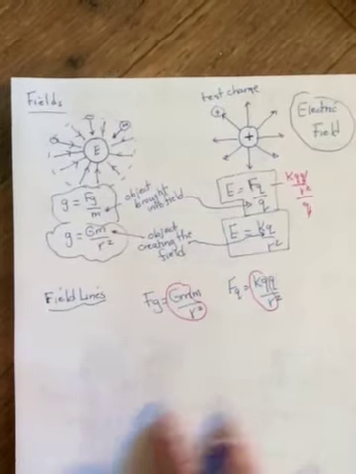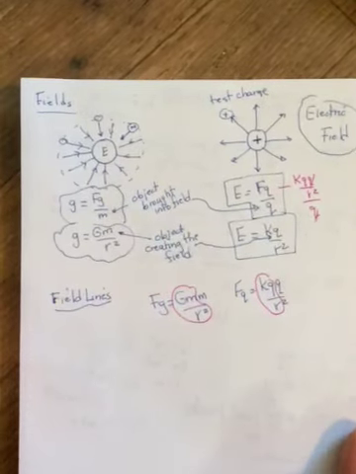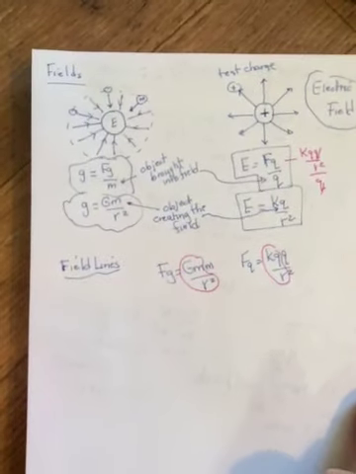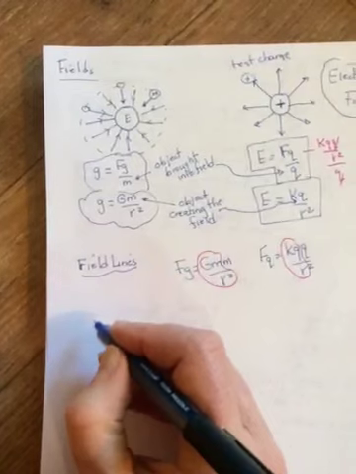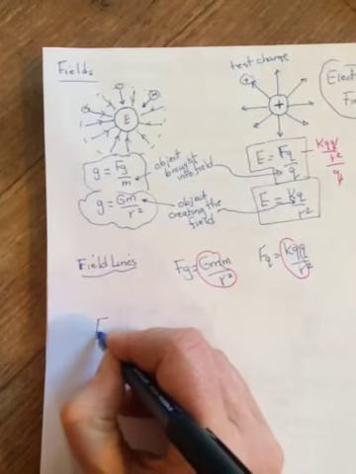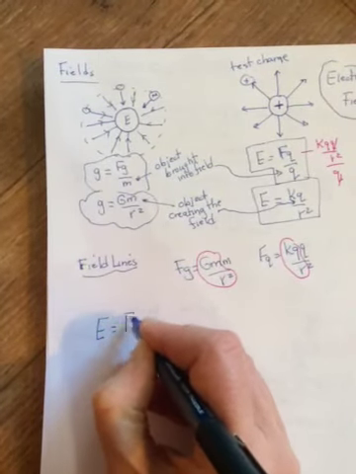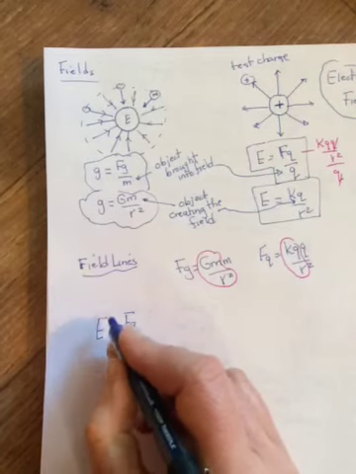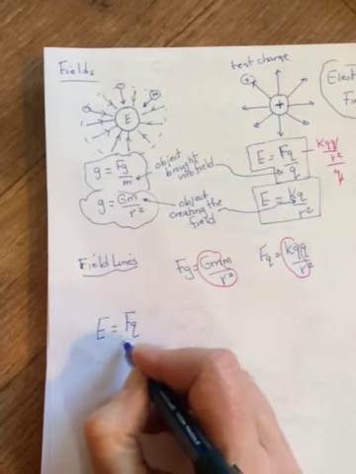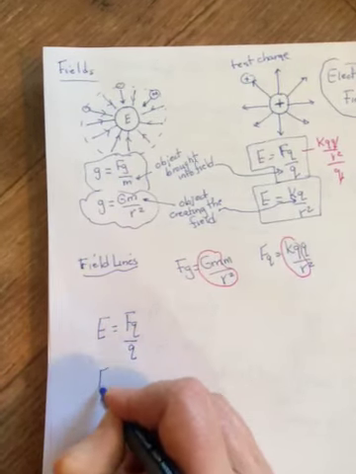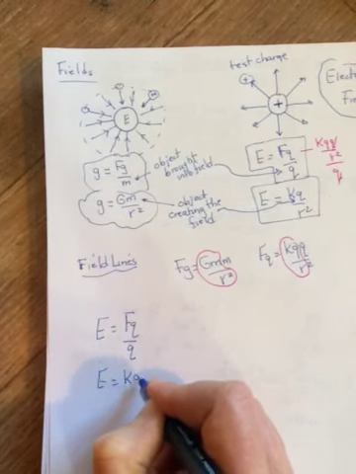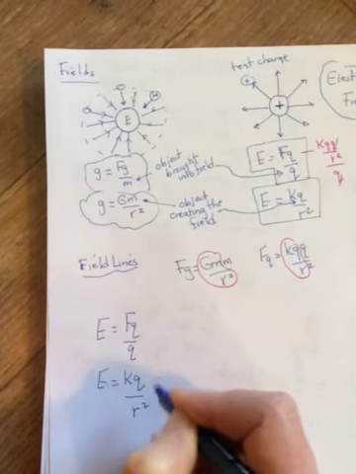An electric field is an area around a charged particle where any other charged particle will experience a force. And we'll have two ways of finding that electric field. Two equations: either E is equal to F_Q over Q, or E is equal to kQ over r squared.